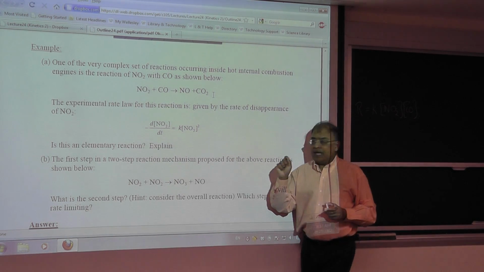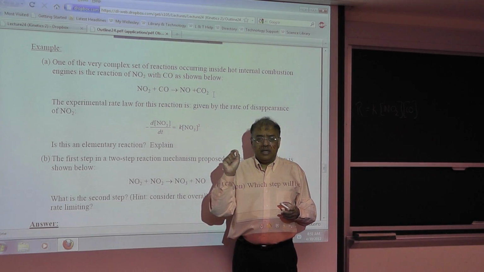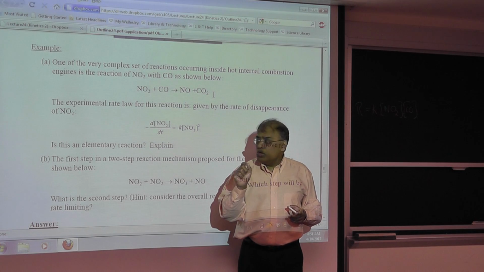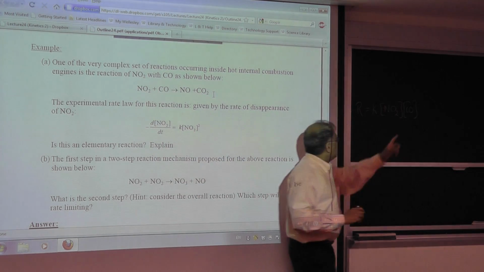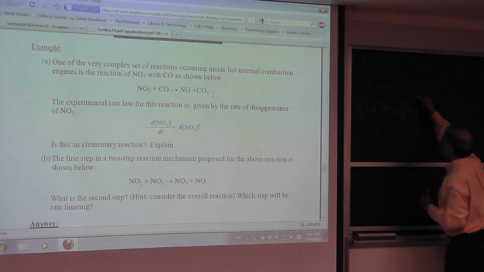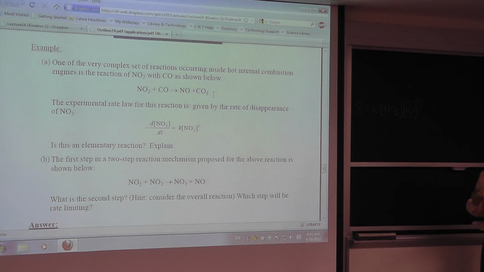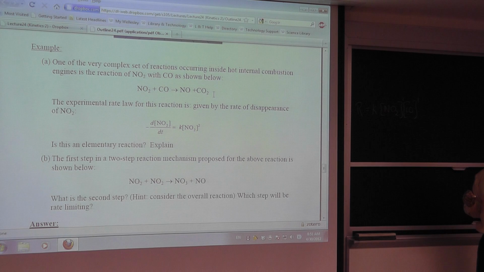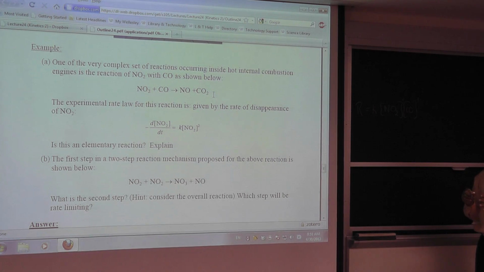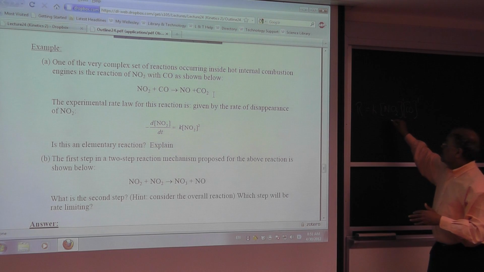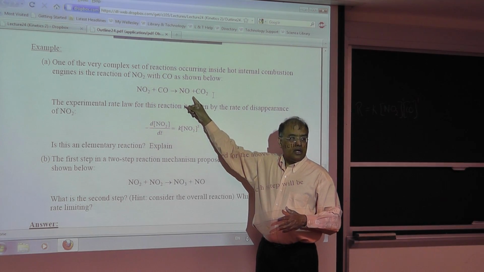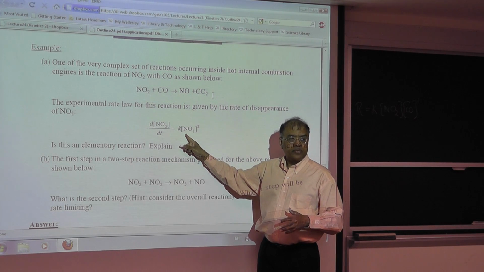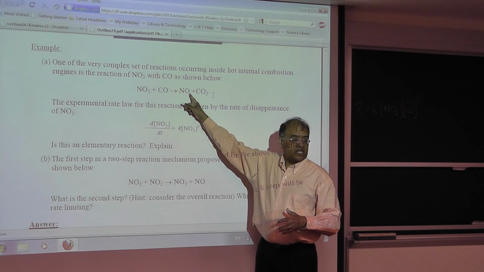By looking at the elementary step, looking at the stoichiometric coefficients, you can immediately put down what the exponents are going to be. Only true for an elementary step. You cannot do this for a complex reaction. So this is the rate law if this was an elementary step. But the rate law is this. Therefore, this is not an elementary step.